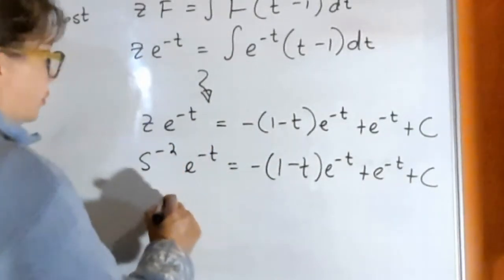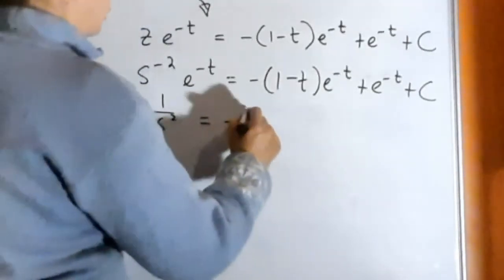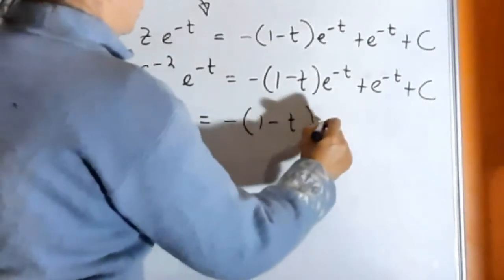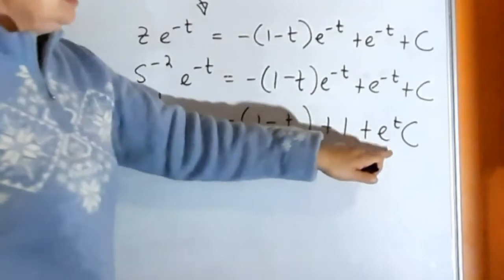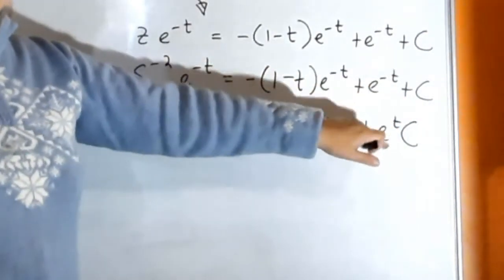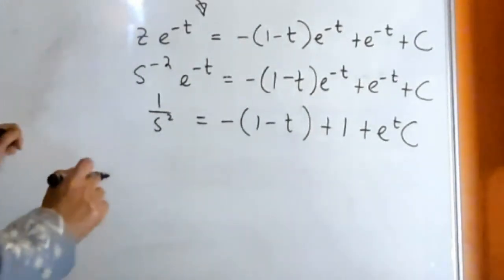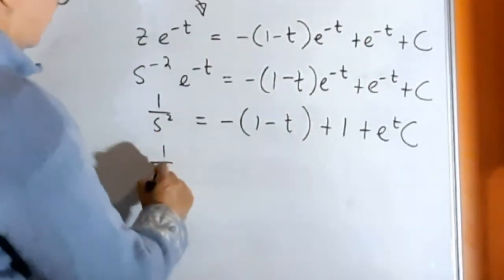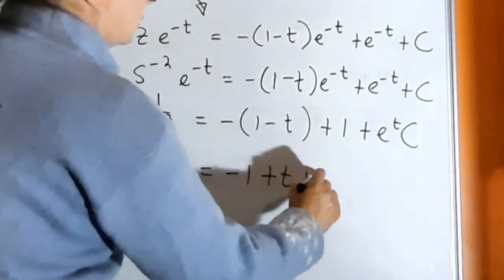So it simplifies to 1 over s squared equals e to the t. Here you get e to the positive t because of your exponential rules. And then we're going to have s squared, multiply that out.